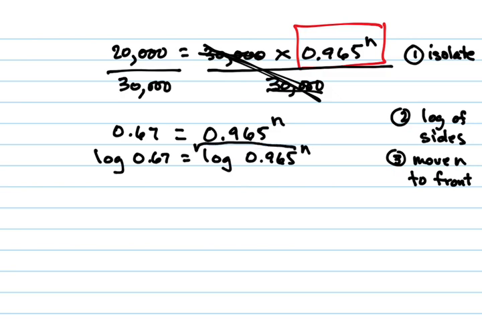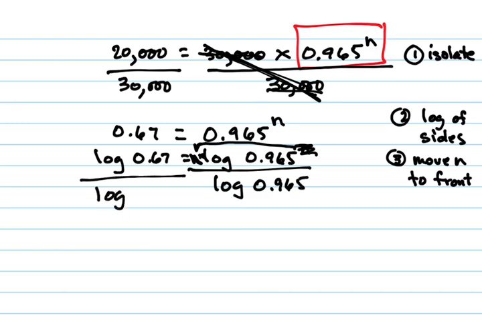So this n is going to drop in front of this logarithm, which means we don't have an exponent anymore. What we have is a letter times this log. So just like we did up here with the 30,000, we'll divide both sides by the thing we want to move. So just like you do for any other algebraic equation.